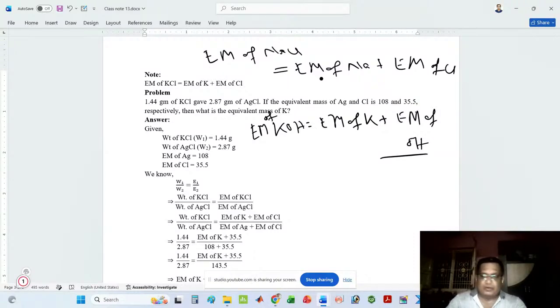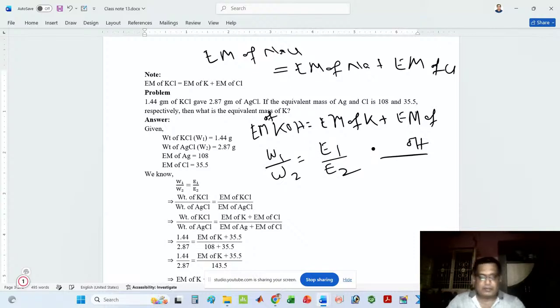Now I will solve this problem. In this problem, the weight of KCl is given, the weight of AgCl is given, equivalent mass of Ag is 108 and equivalent mass of chlorine is 35.5. We know that as per the metal displacement method, W1 by W2 is equal to E1 by E2.